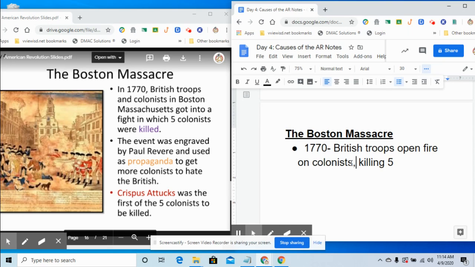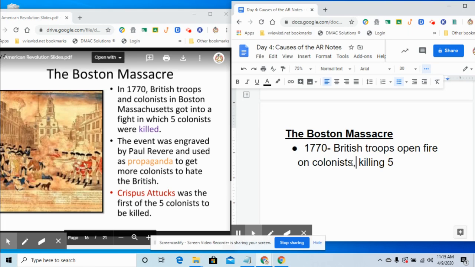So this really caused a ruckus in the colonies as the word spread. Now, word didn't spread the way that it does today. We can quickly post something on Facebook or Instagram or Snapchat or whatever platform it is that you use. But back then, it was by word of mouth. It was not even by telegraph because that wasn't invented.